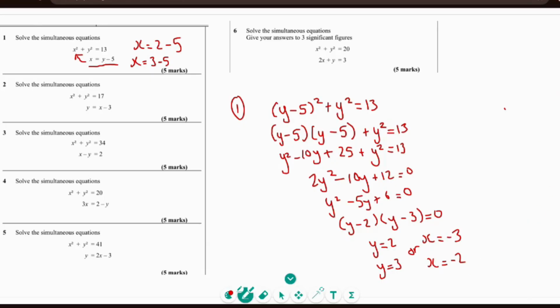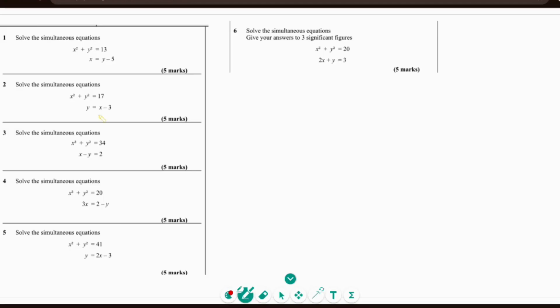Okay, question 2. Then we've got y the subject, so we can substitute it straight into here. And then we have an equation all in x.